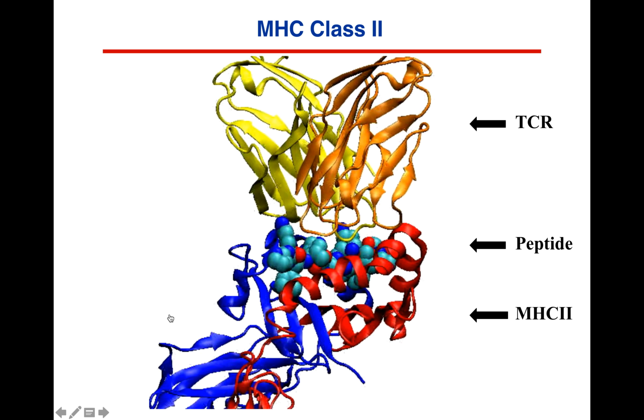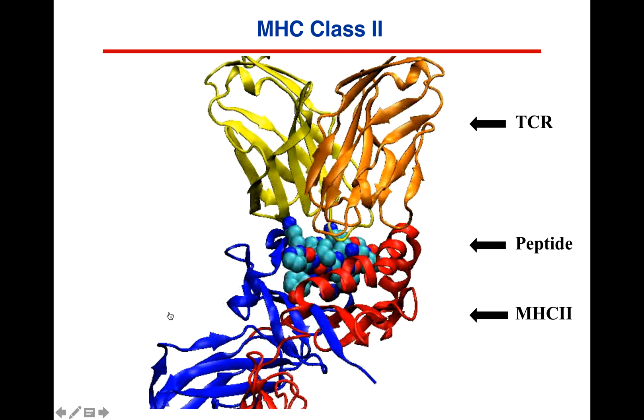here, stop it here. If we look here, you can see this loop here interacting with the actual MHC2. And so this points out a really important thing, is that the T-cell receptor not only binds and recognizes the peptide, the molecular recognition of the peptide, but it also recognizes the MHC2.